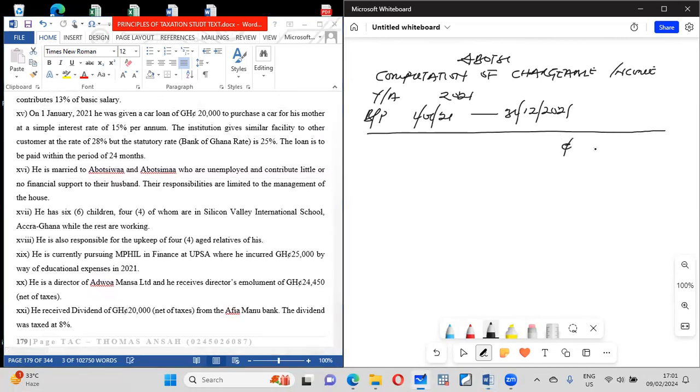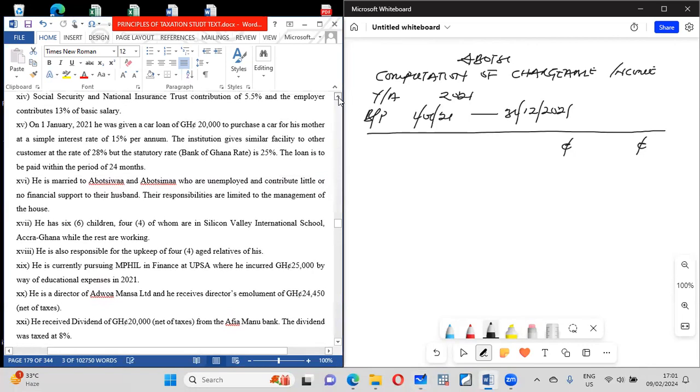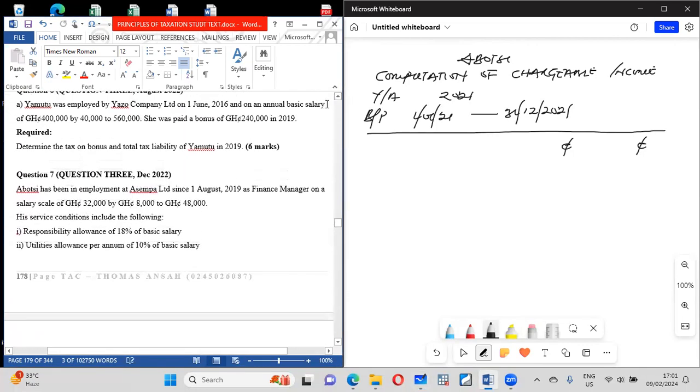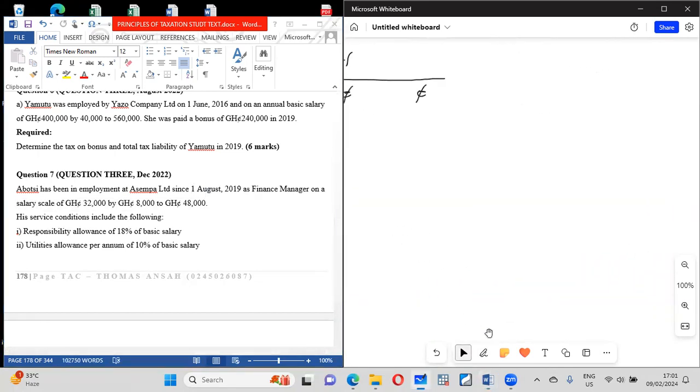So we put our currencies, okay? Have a page for your workings all the time. So we have been told that her basic salary scale is this. You remember, it started in August. So let's have a page for our workings.